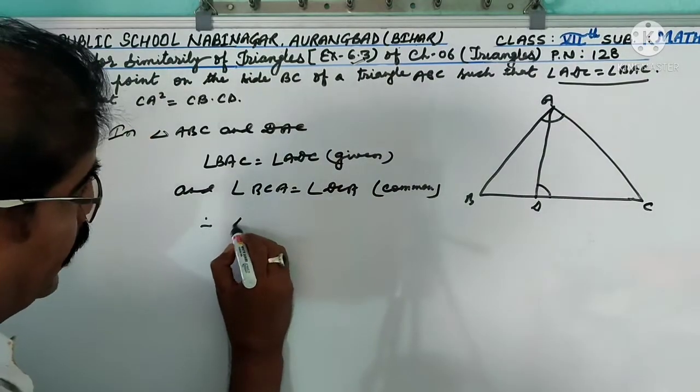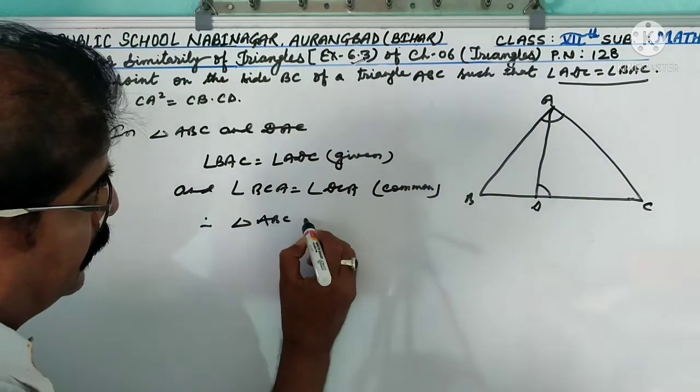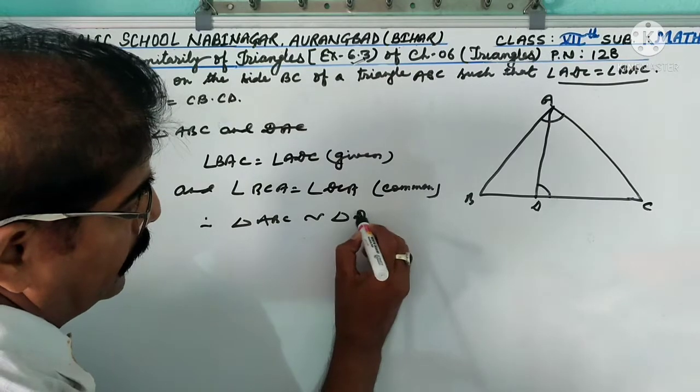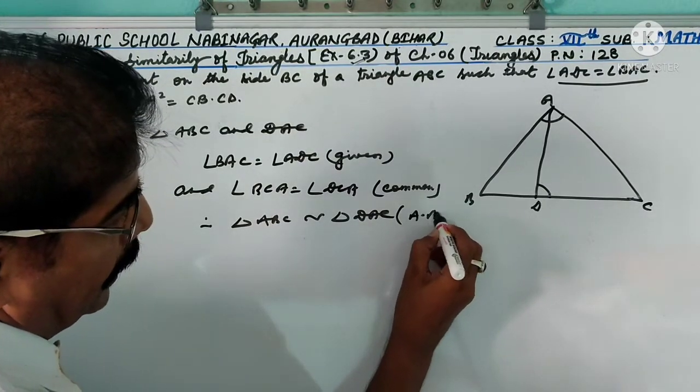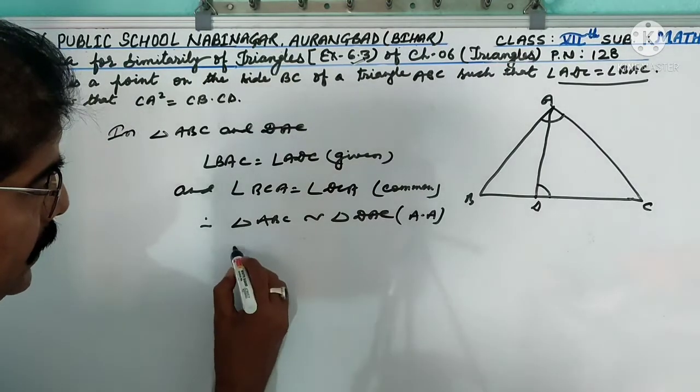Therefore, triangle ABC is similar to triangle DAC by angle similarity.